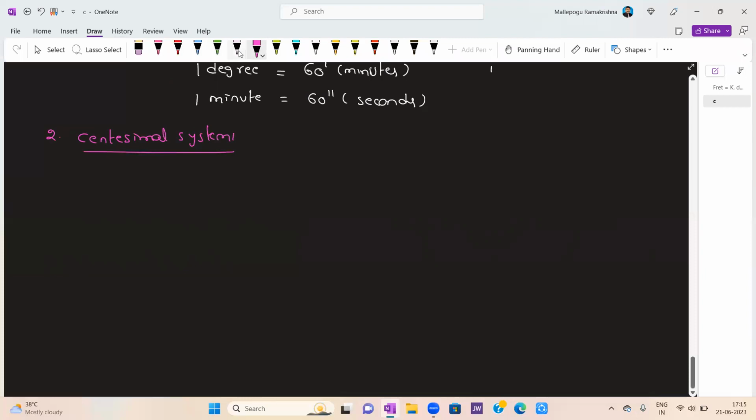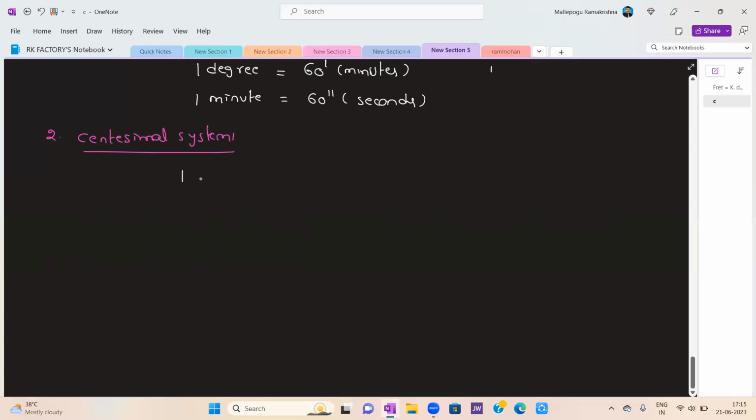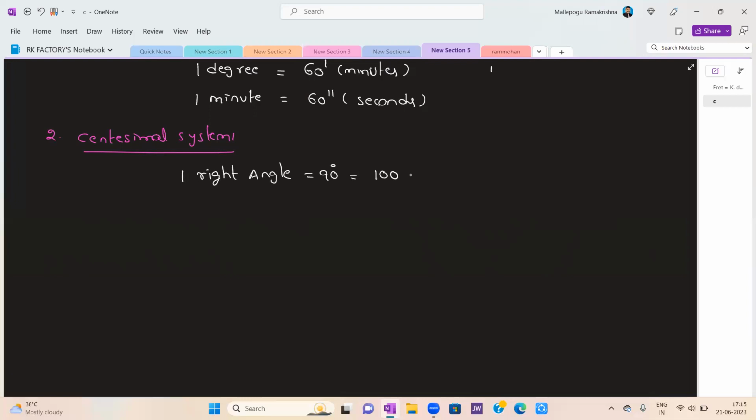We are going to divide that into 100 portions. Suppose one right angle, that means 90 degrees, equals 100 grades. It is divided into 100 portions.